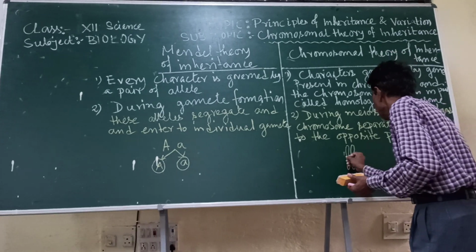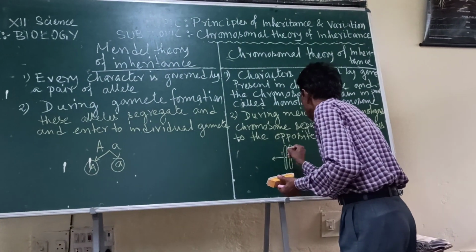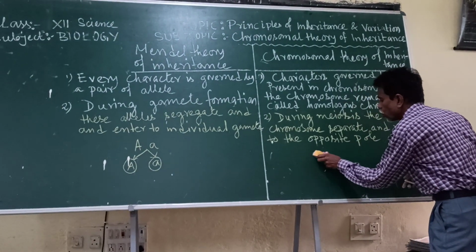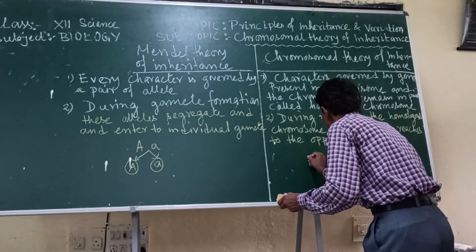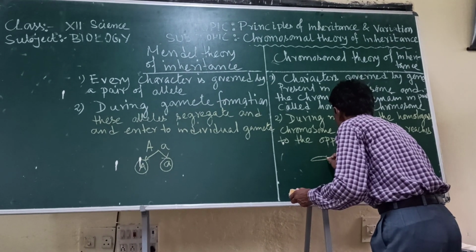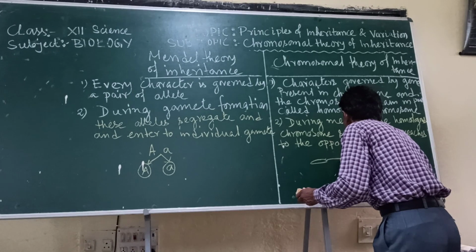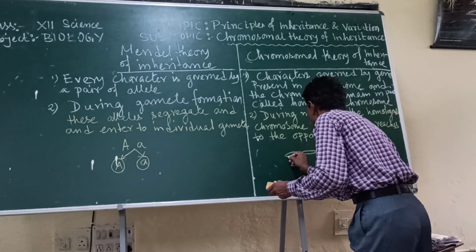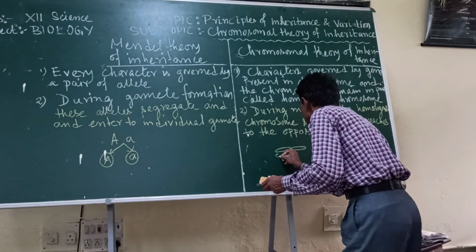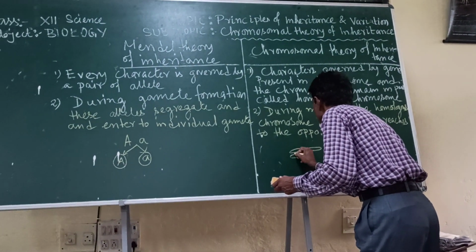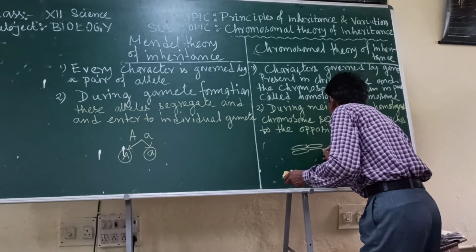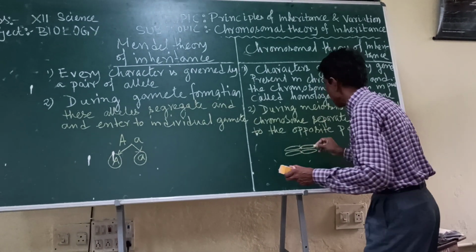During gamete formation, if I show it in this way, this is one chromosome, and this is a homologous pair.